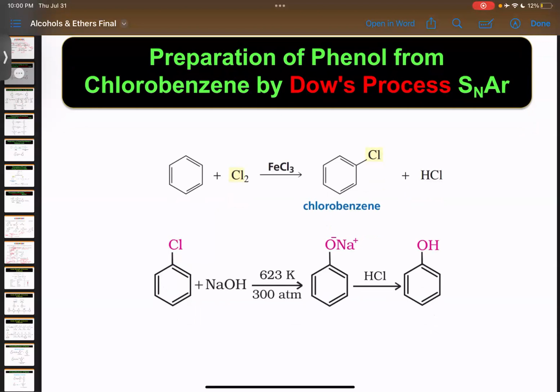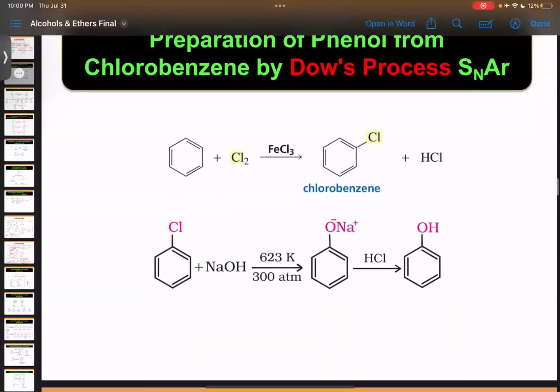Yes, this is there in the previous chapter also, right? So the reason is basically the lower reactivity of chlorobenzene as compared to the aliphatic alkyl halides. So why is chlorobenzene less reactive? What's the reason for it?